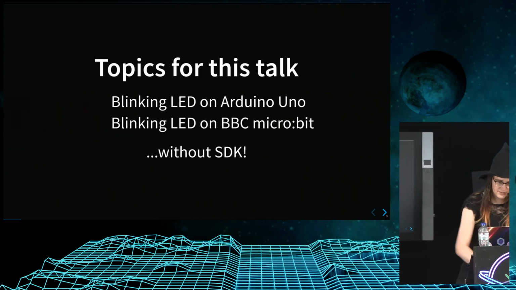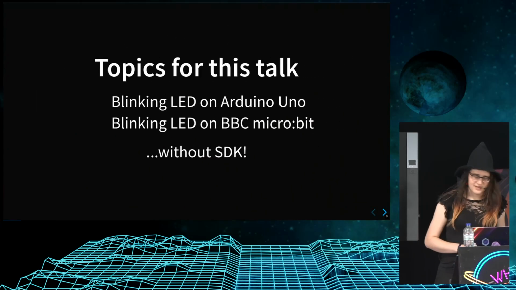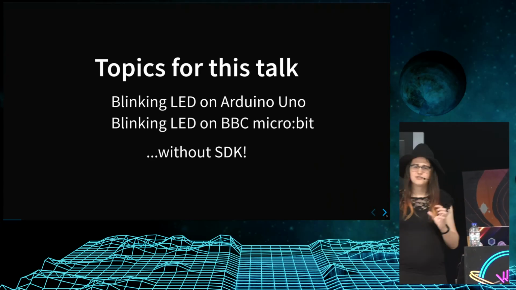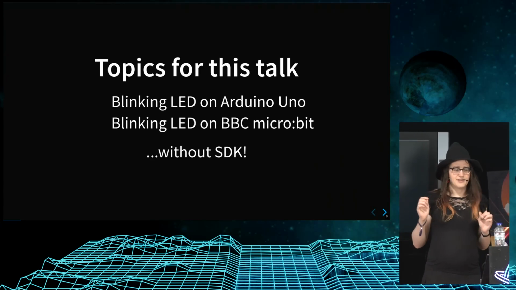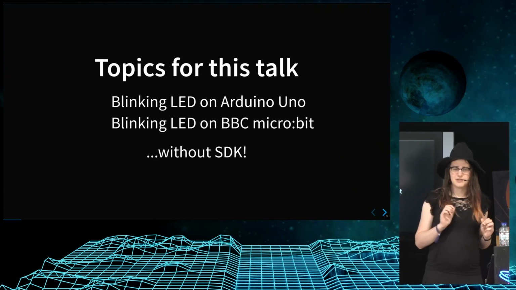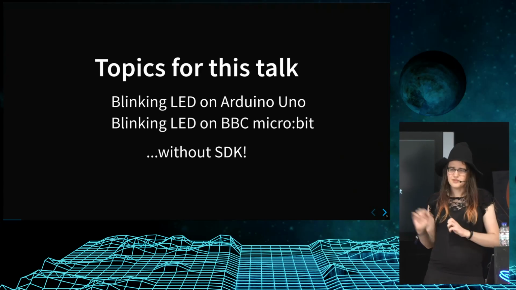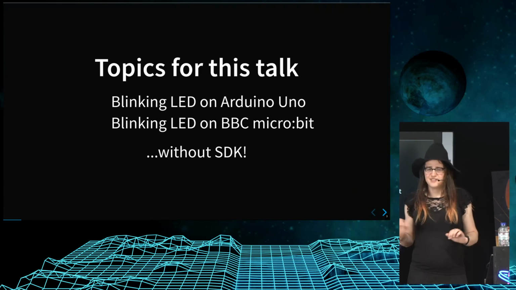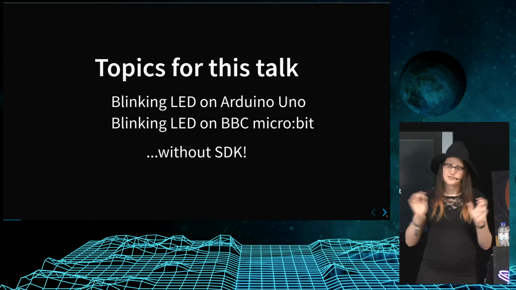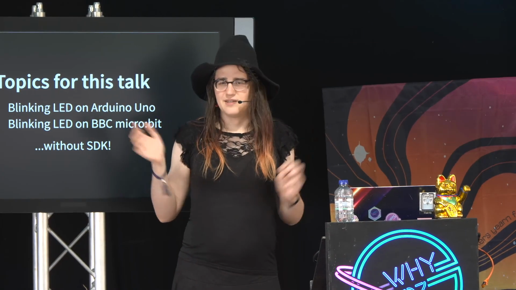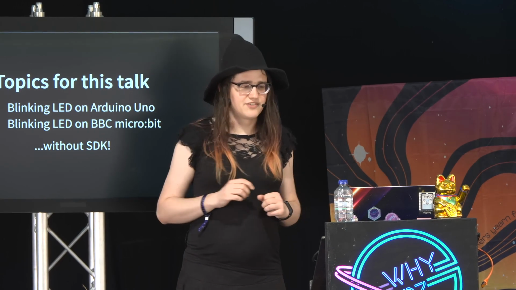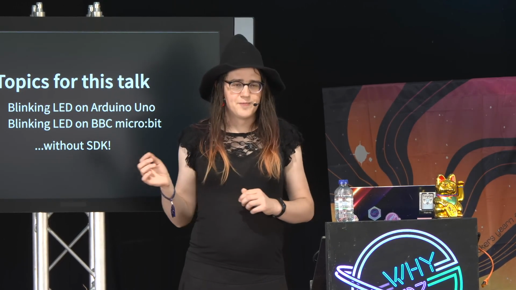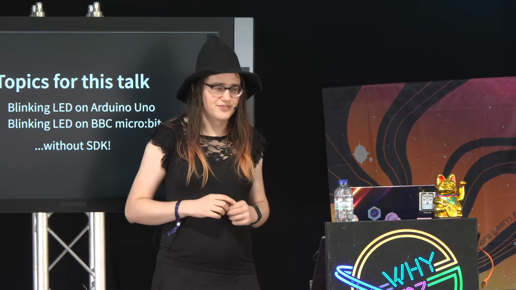For this talk, I'm going to talk about how to program an Arduino Uno and a BBC micro:bit without using any SDK or whatever, just a compiler, linker, and programming tools, and the datasheet, nothing else.